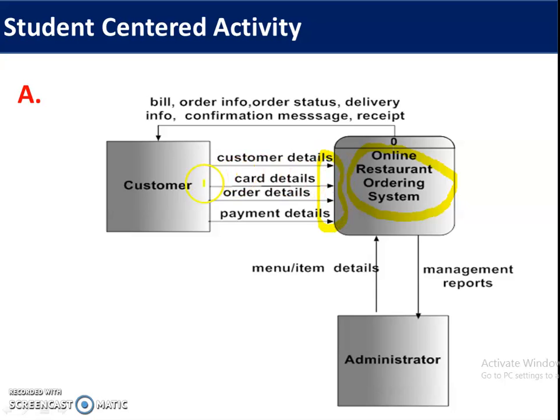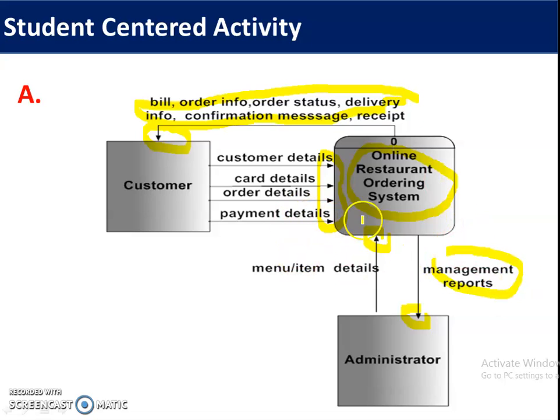So these are the data that flows to the system, which are inputs, and with the administrator also. And then we also have the outputs, or the information flowing from the system to the external entity.